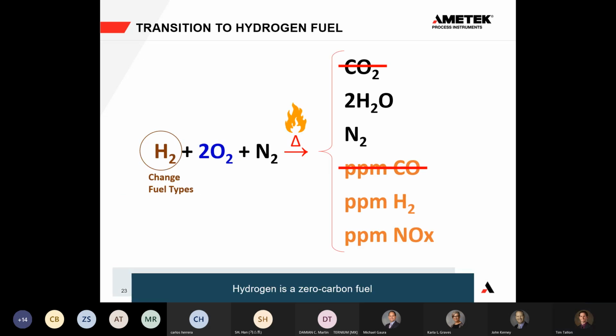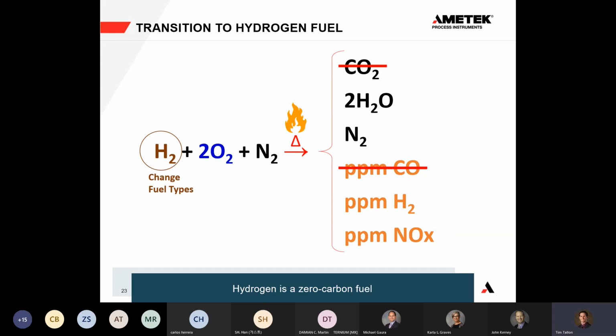If you want to target reducing carbon dioxide emissions directly, the most apparent thing you can do is change your fuel source. In the case of changing your fuel source from natural gas to hydrogen, you completely eliminate carbon dioxide emissions. You completely eliminate carbon monoxide emissions because inherently hydrogen is a zero carbon fuel.